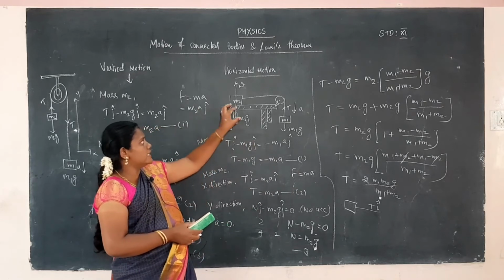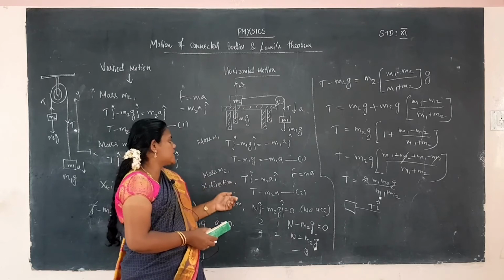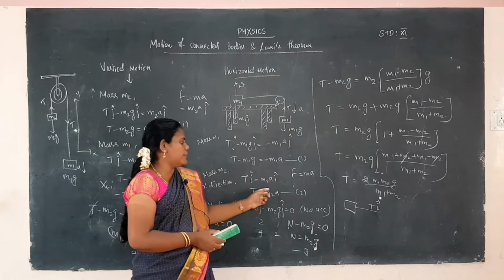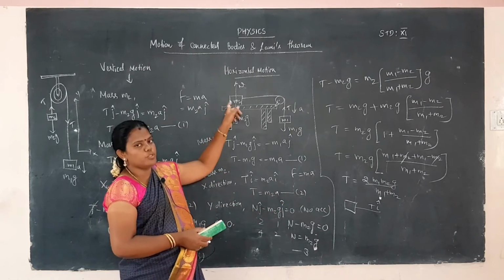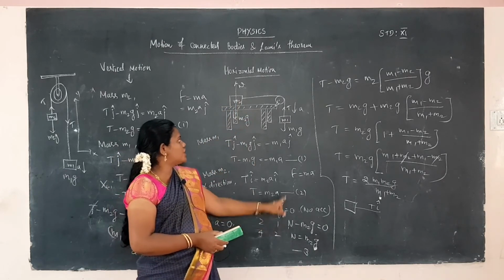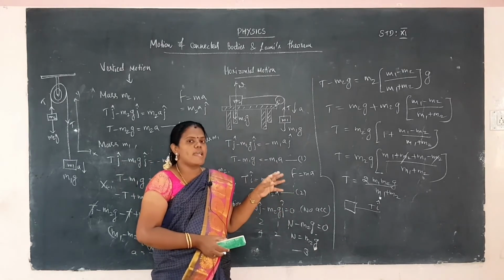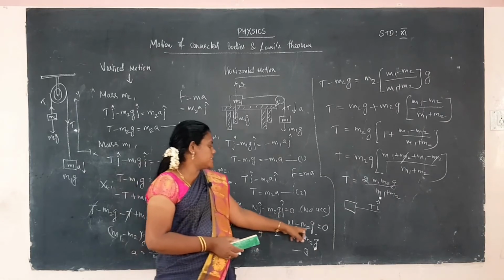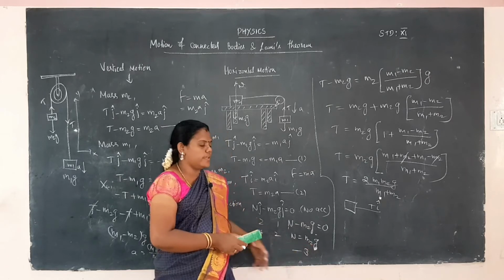Taking the mass m2, we consider the x direction and y direction also. In the x direction, T i cap is equal to m2a i cap, so T is equal to m2a, equation 2. In the y direction, N j cap minus m2g j cap is equal to 0, as there is no acceleration. So N minus m2g is equal to 0, so N is equal to m2g. This is the third equation.